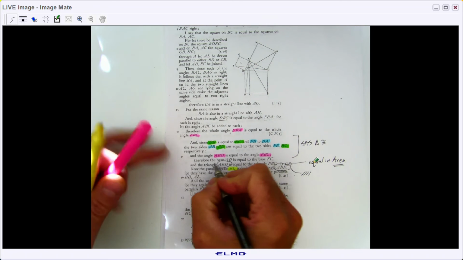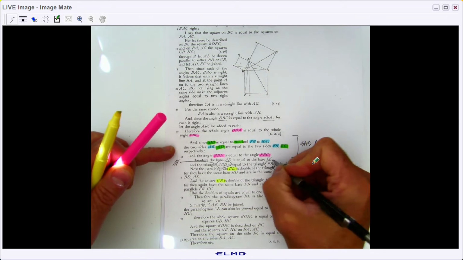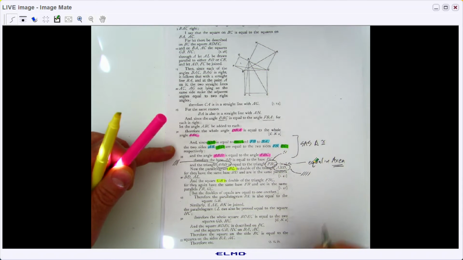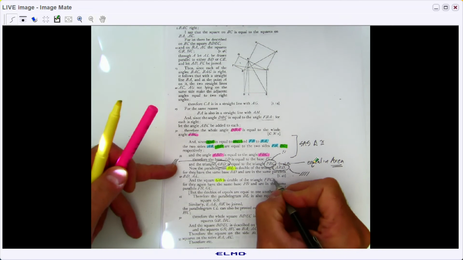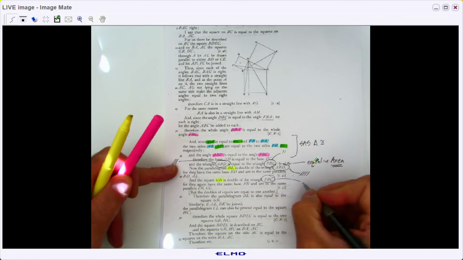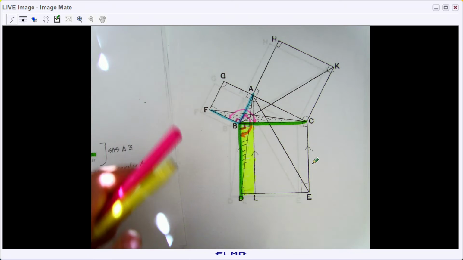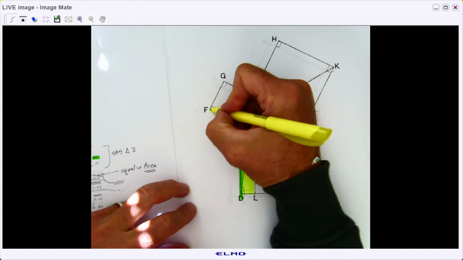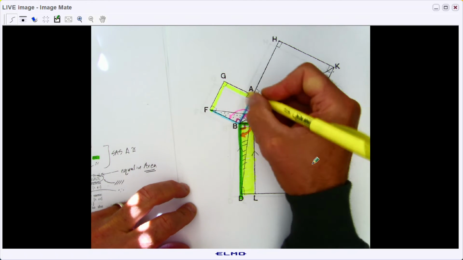So this is the lines triangle, and this is the polka dots triangle. But he says the square on GB is double the triangle FBC, and FBC again is the polka dots triangle. Square here, he's saying.